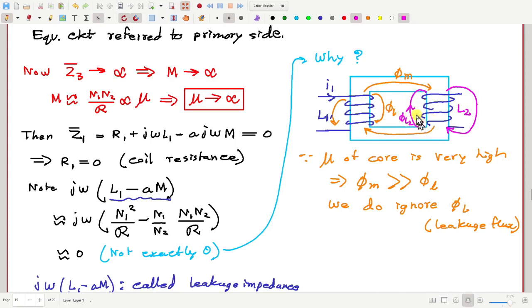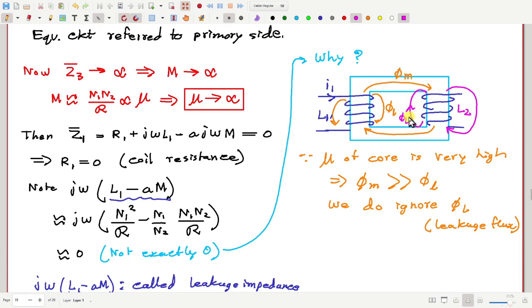This phi L2 together with phi M both will induce voltage in coil 2. But when we did previous approximate calculations, we assumed that most of the flux goes through the core. So phi M is a much larger quantity than phi L2.